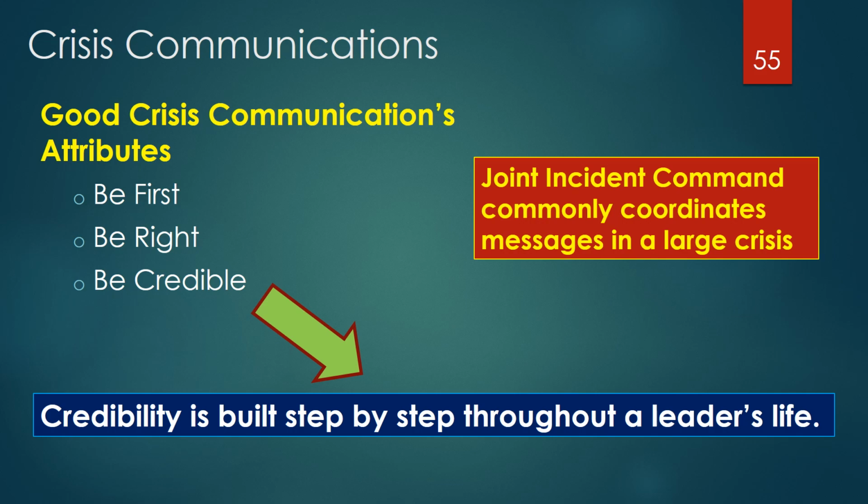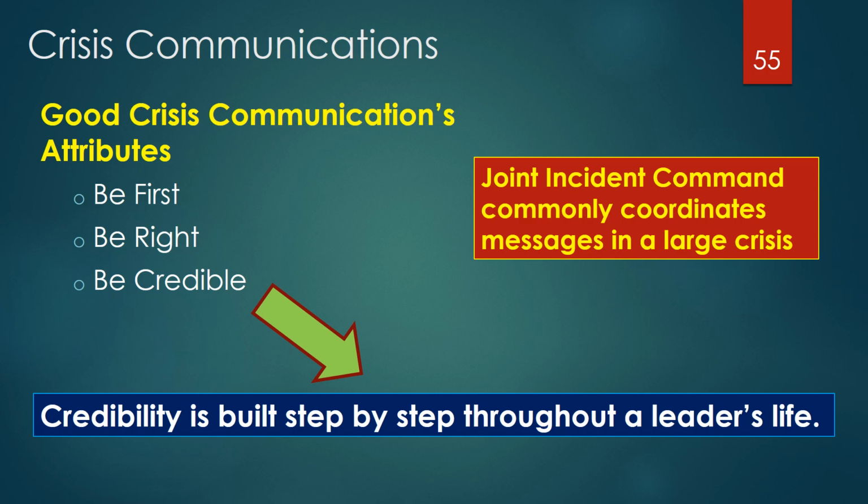Coordination of messaging during large crises like COVID-19 is generally coordinated through an incident command process called a JIC, or Joint Incident Command, covering multiple agencies, levels of government, and other stakeholder organizations.